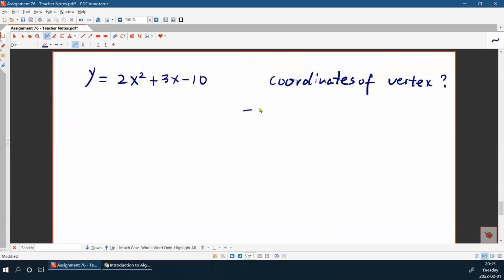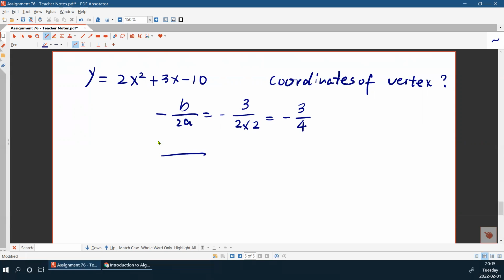Negative 3 over 2 times 2. So the x coordinate of the vertex is negative 3 over 4, right? Yes. How about the y coordinate?